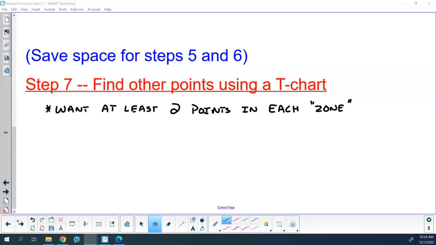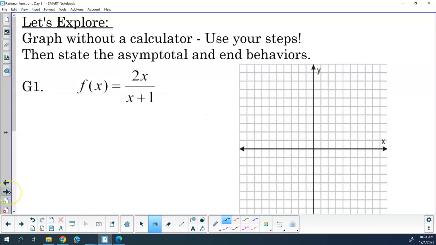So my first graph, without a calculator, we are going to graph this, and then at the end, we're going to state the asymptotal and end behavior. And it's going to be super easy because you're not even going to have to think about end and asymptotal behavior anymore. You're just going to read it right off of your graph.